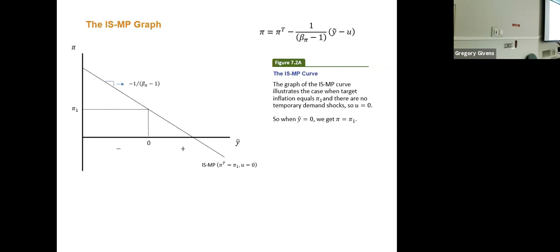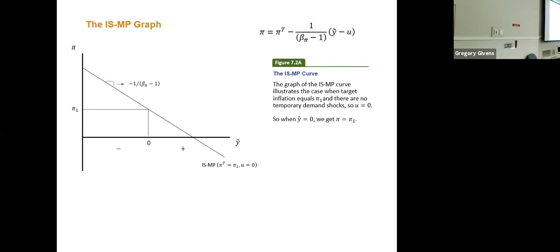So for a 0 output gap, inflation is equal to pi 1. The rest of this line shows all the different output gap and inflation combinations that satisfy the ISMP curve given target inflation of pi 1 and no demand shocks.